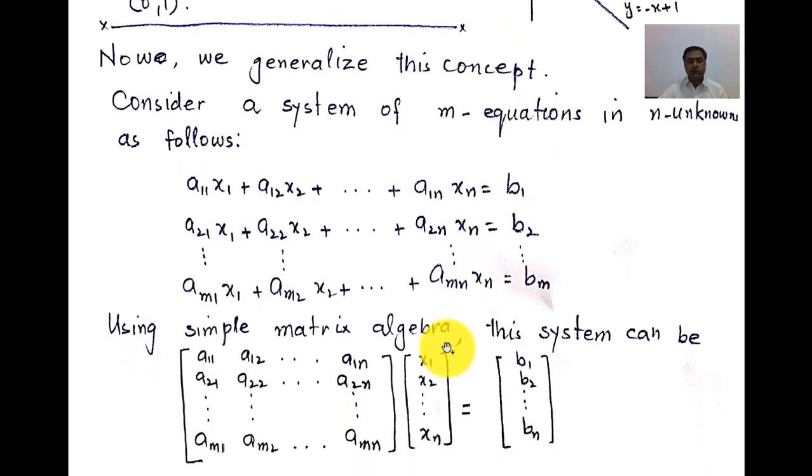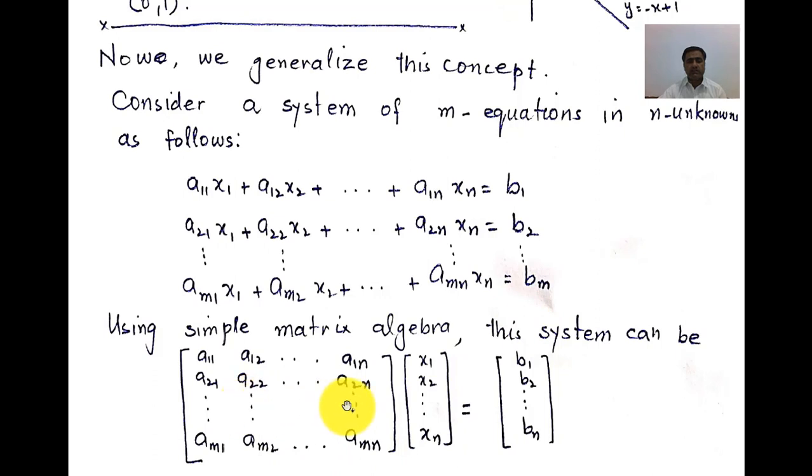Now, using simple matrix algebra, this system can be represented as this. Here I have the coefficient matrix, here I have a column matrix given by the variables x1 up to xn, and here I have a column matrix given by the constants on the right hand side.